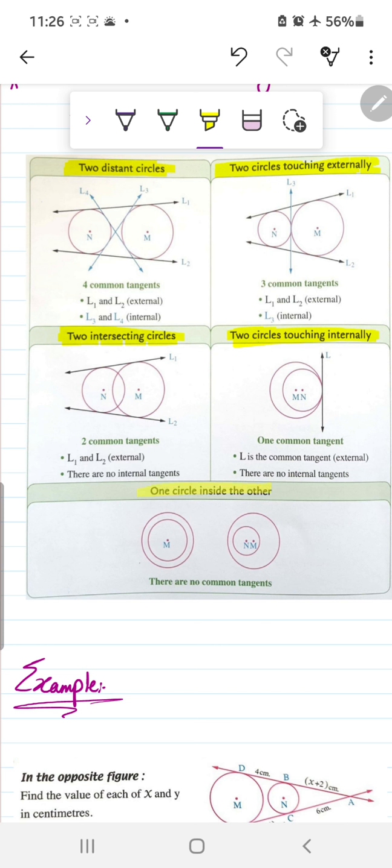For one circle inside the other, we don't have a common tangent. Okay, we use this in choose questions. For two distant circles we have 4 common tangents, for two circles touching externally we have 3, for two intersecting circles we have 2, and finally for two circles touching internally we have a unique common tangent.